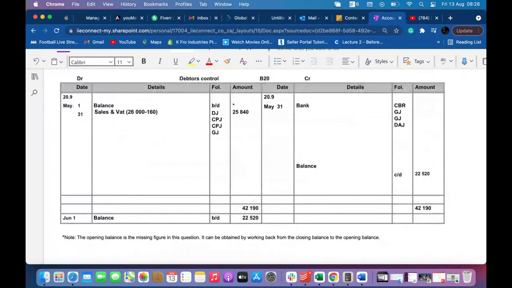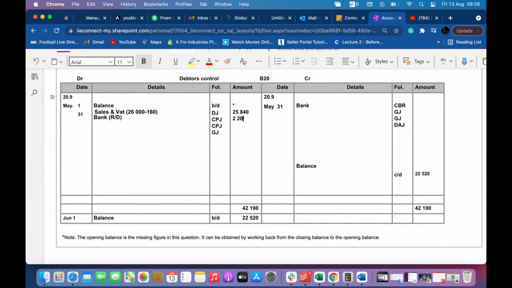So this is obviously a return to drawer. So we enter it as bank, and here we just put R/D, and the check was for 2,200. No problems there.